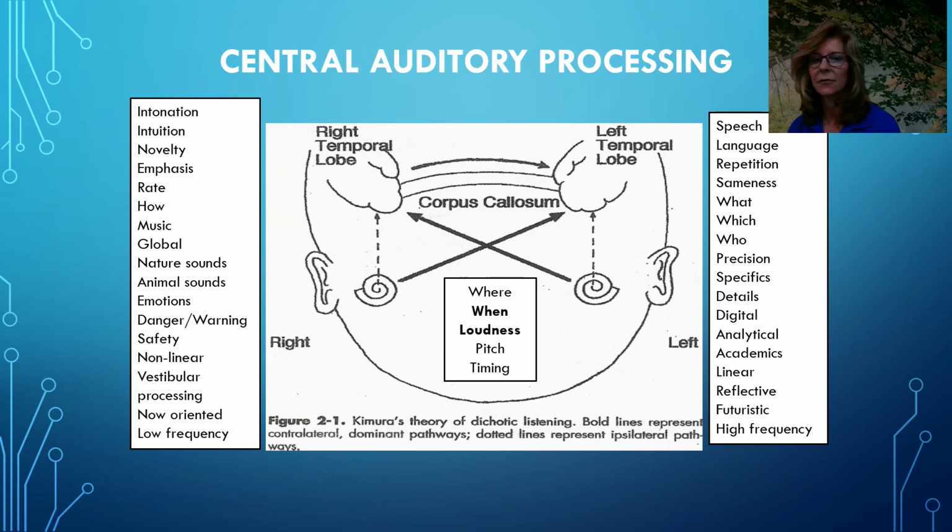And between the two hemispheres is a bridge, a large wiry tract that we call the corpus callosum. And the corpus callosum is a very, very important structure. When we're born, it's largely unmyelinated. And myelin, you may recall, is a fatty coating on the nerve sheath that makes information travel faster and more efficiently.